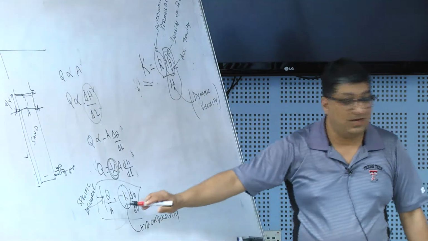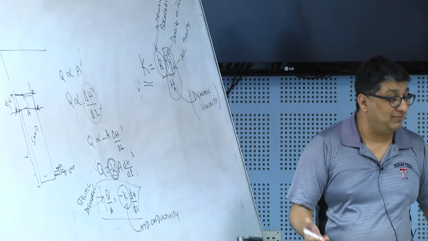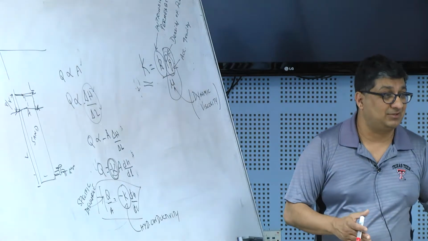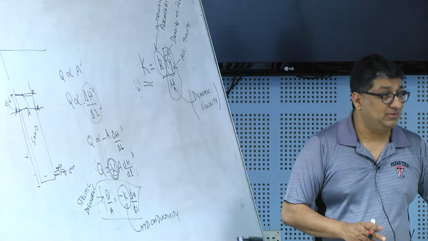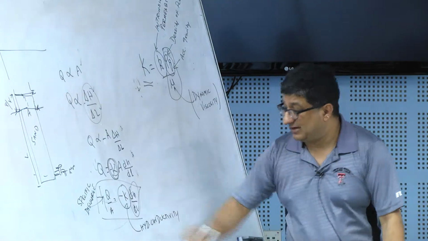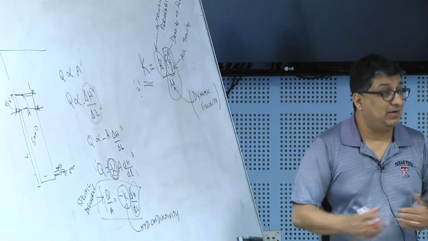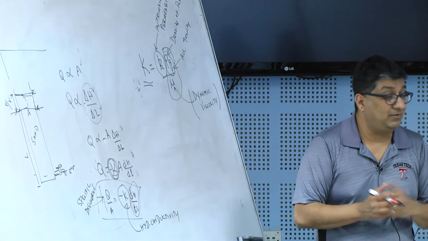The higher the specific discharge, the faster the water will move because it's a velocity-like term. It's not velocity, but it has very similar characteristics. It's a flux. So the greater the flux, the more water movement, and if I control my gradient, the greater the flux, the greater your hydraulic conductivity. The smaller the flux, the smaller the hydraulic conductivity for a given gradient.